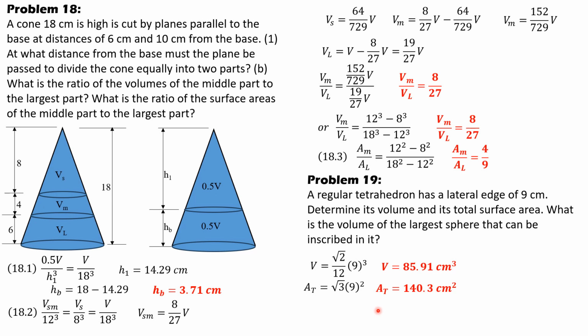For the volume of the sphere, 4 thirds pi r cubed, r is square root of 6 over 12 of the edge. So 4 thirds pi, quantity square root of 6 over 12 times 9, cubed, is equal to 25.97 cubic centimeters. So that's it for this video.